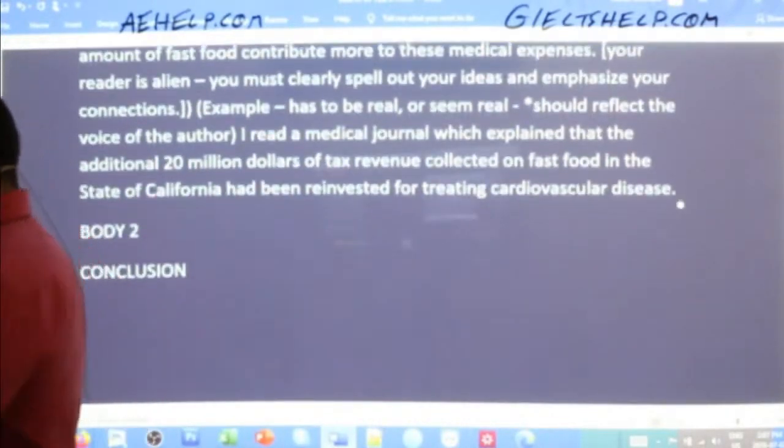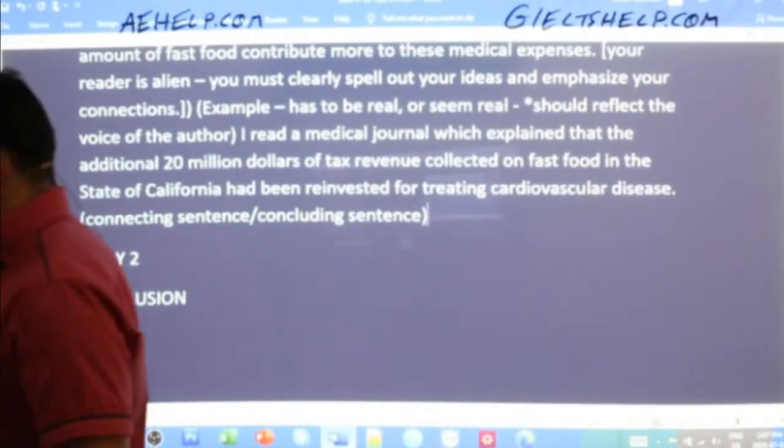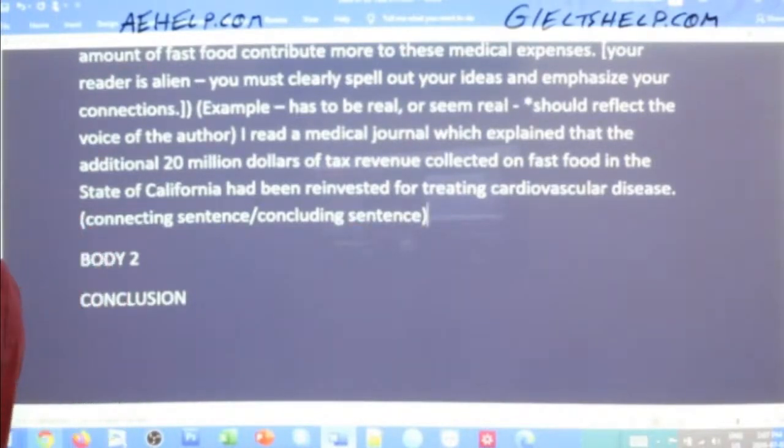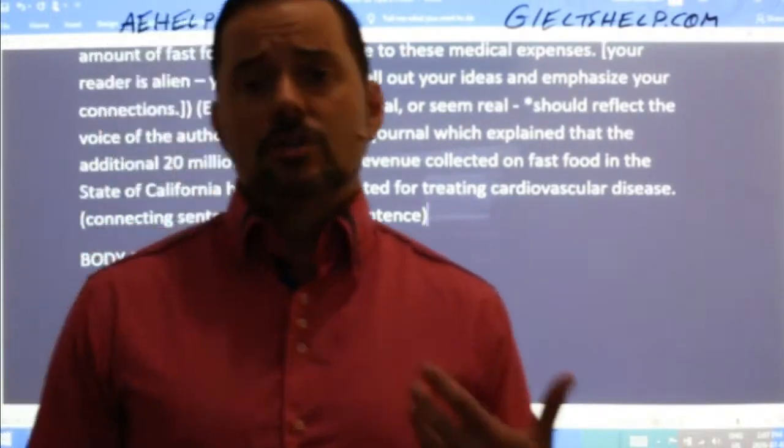So now we want a connecting sentence, or also called a concluding sentence. It's kind of 2 in 1 here. It's a bit of both, so it's a connecting, concluding sentence. Here, we just reflect to our position, okay? To what degree? I strongly agree.